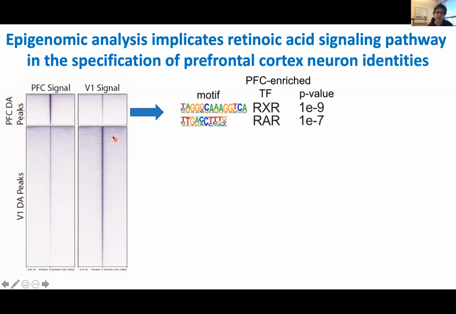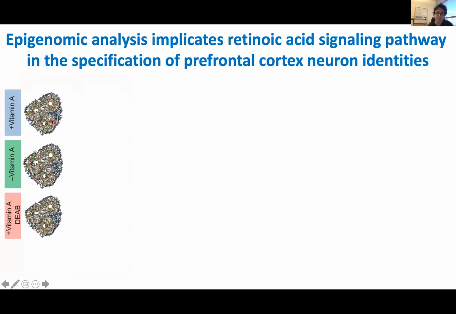We next ran transcription factor motif enrichment analysis, and in addition to known transcription factors that have been long established to differentiate those two lineages, we also found some unexpected new candidates, including many members of the retinoic acid receptor signaling pathway transcription factors, which were strongly enriched among the open chromatin regions differentially accessible in the prefrontal cortex, suggesting a hypothesis that perhaps retinoic acid signaling might be playing a role in this differential regulation of excitatory neuron lineage specification.